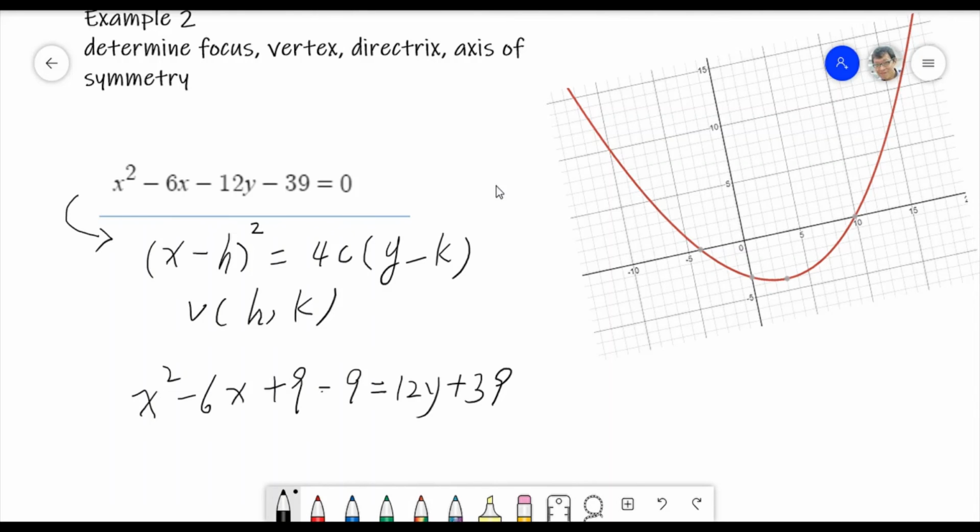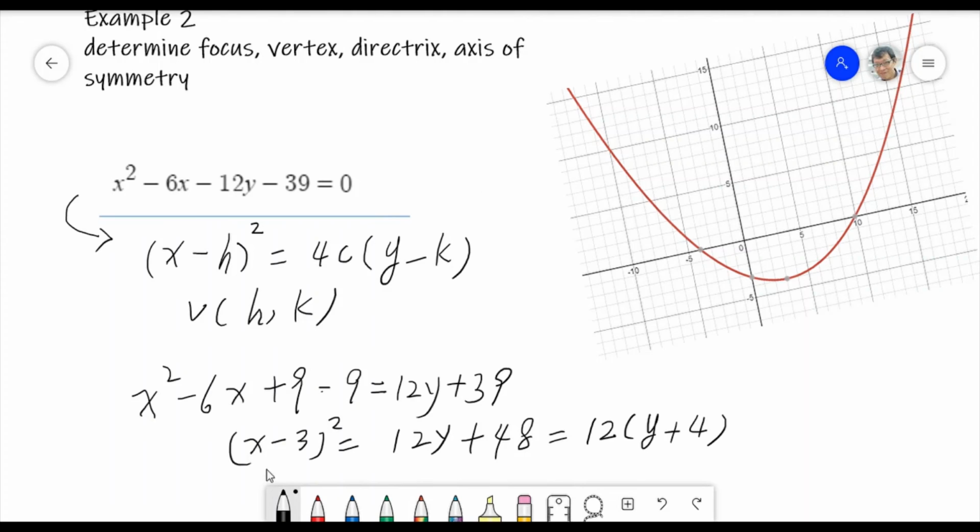So we can write it again: (x minus 3) squared equals 12y plus 48. Or we can take the common factor of 12, and then it's y plus 4. Now we can see it's exactly the same as the standard form.